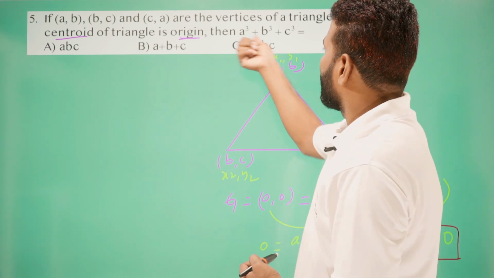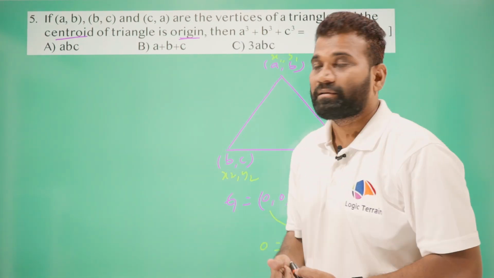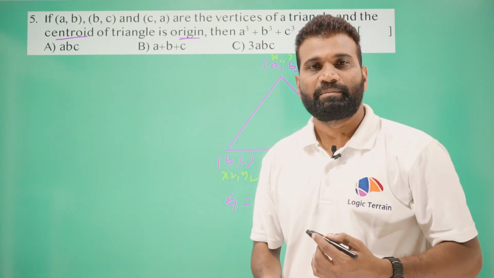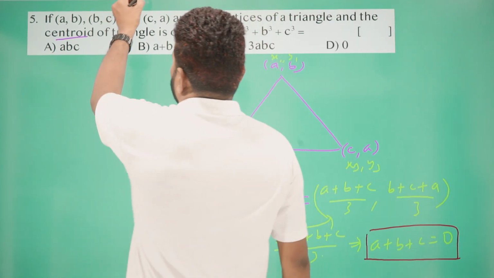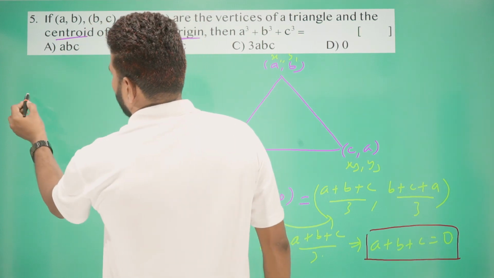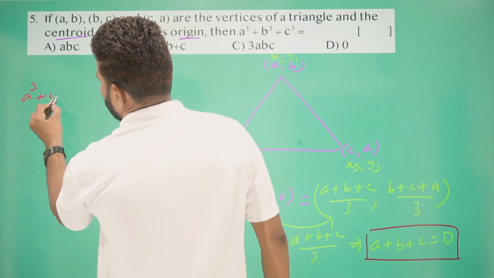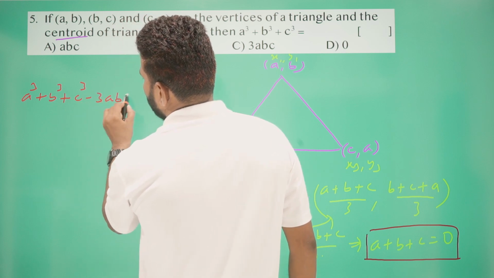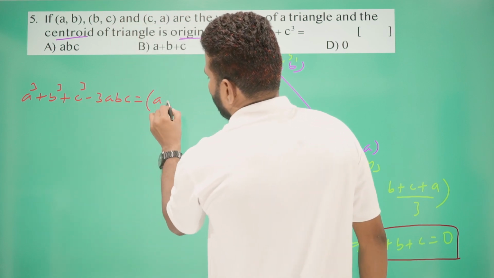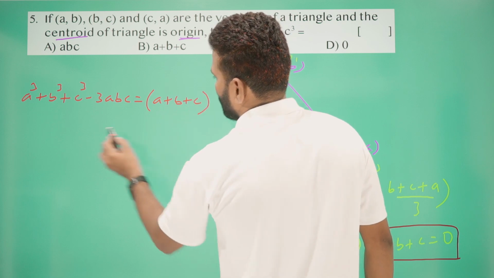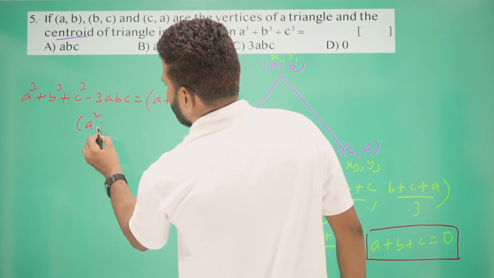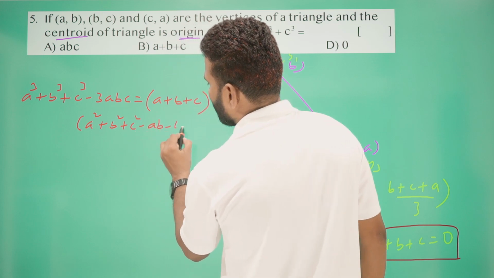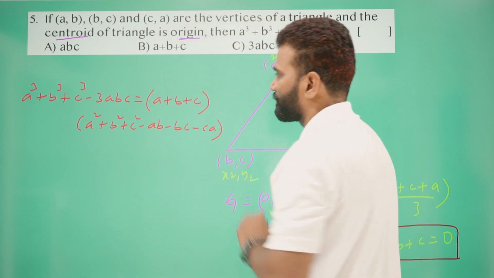Now we have to find the value of a³ + b³ + c³. We have an algebraic identity, that is a³ + b³ + c³ − 3abc is equal to (a + b + c)(a² + b² + c² − ab − bc − ca).